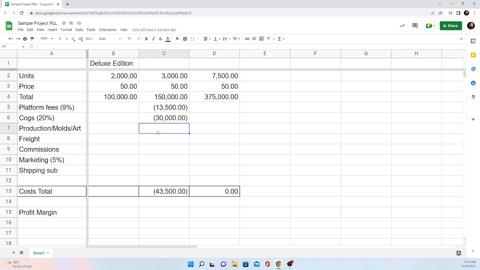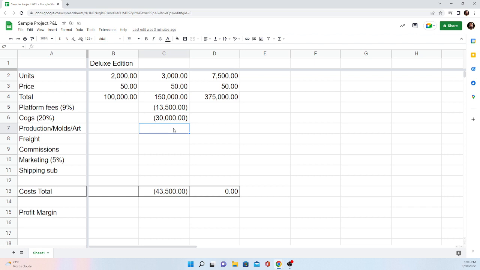So your production, your molds, your art, obviously I'm lumping several things in here, but these are kind of more fixed costs, things that you may have already spent money on. Your production's going to have things like prototypes that you've made, any sort of expense you've spent on getting materials to make the game, that sort of thing. Your molds, if you have minis or any sort of upfront cost that you pay that's not a part of the cost per unit, this can go here, and then your art budget.